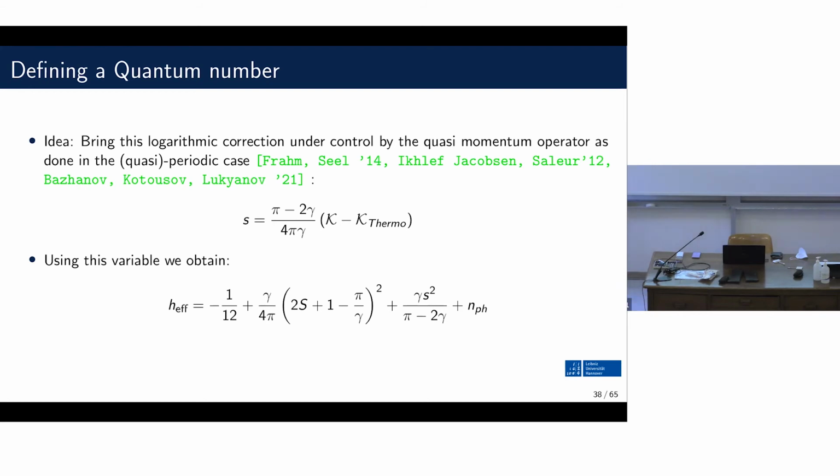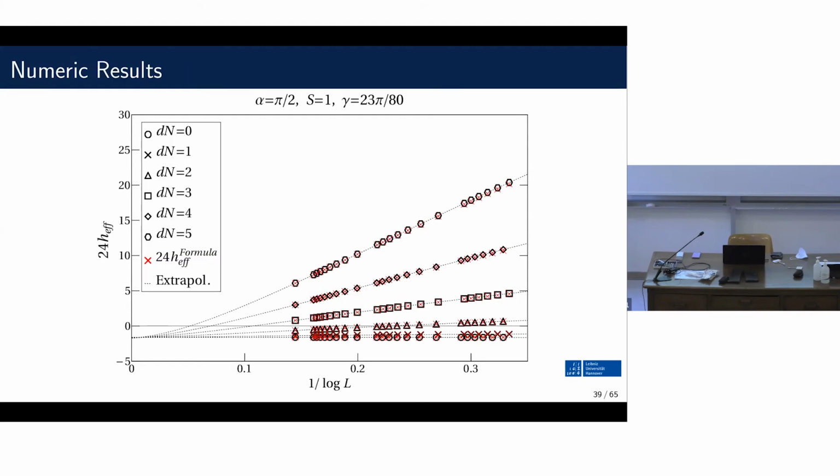Then you find numerically that the scaling dimension can be parametrized via lattice quantities as this quantity, and this is what we have done numerically, and you find actually a perfect matching, right? So the black dots are the ones which are obtained by the formula by calculating the energies, and the red crosses are the quantities which are obtained by the quasi momentum operator.